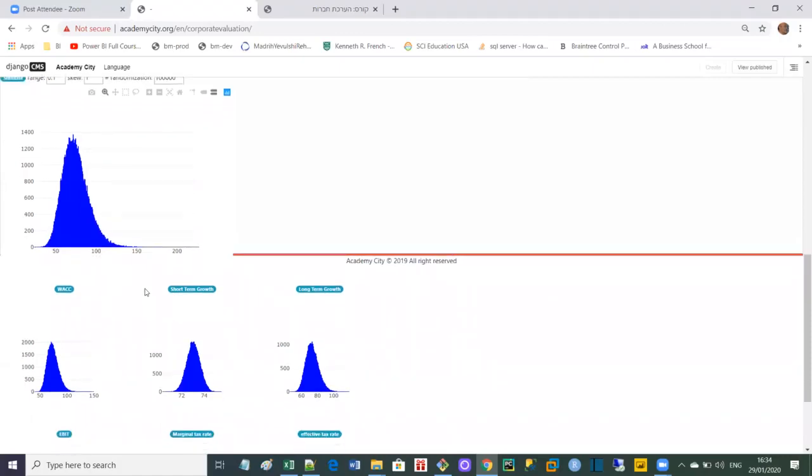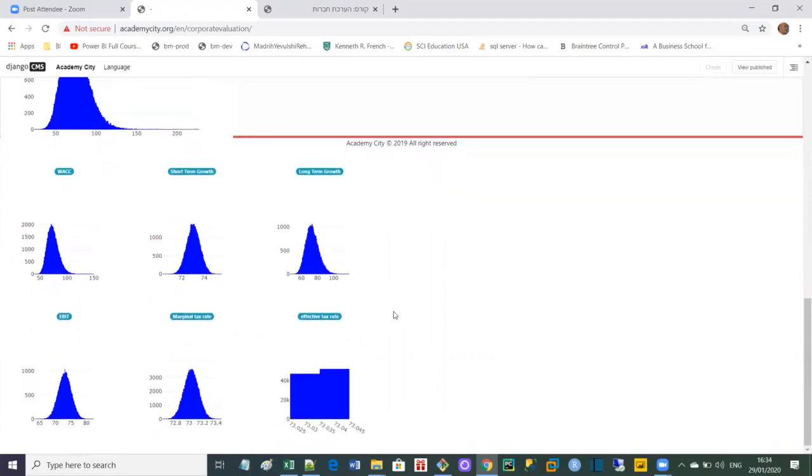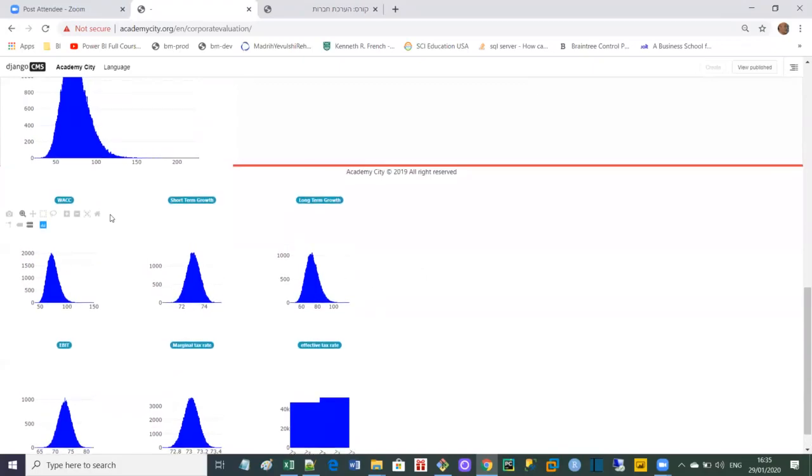The most crucial assumptions are our estimations for the WACC, the long-term growth and the EBIT, which affect the valuation the most.